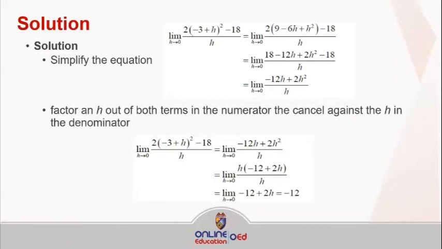Itong part na to, di ba meron tayong formula before na A minus ng B squared. So, yung h natin is magiging A, and then yung 3 natin is magiging B.